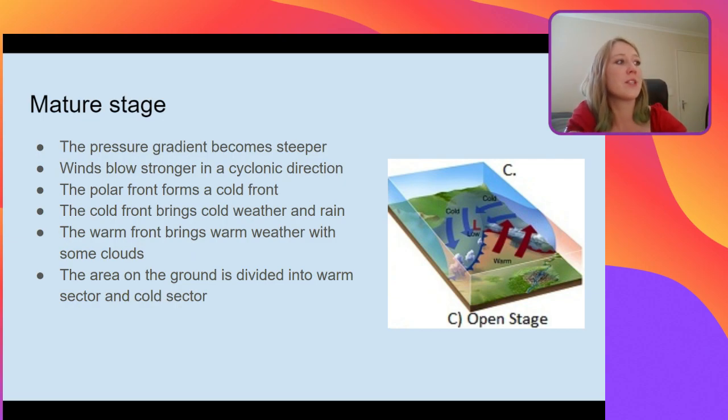Where your cold front is, you will have very cold weather and you'll start to experience rain. Where the warm front is, you'll experience very warm weather and probably some clouds with light rain. On the ground, you refer to this as the warm and the cold sector.